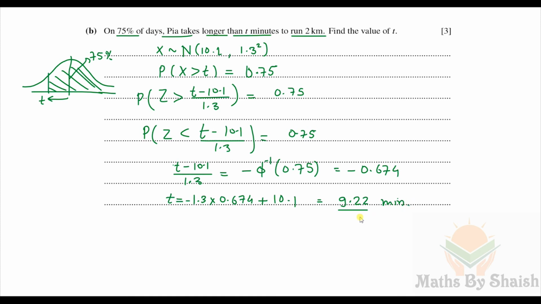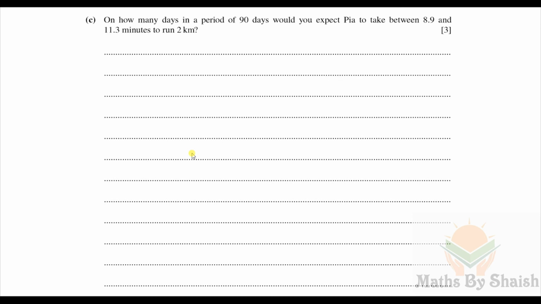Now here's the C part. In a period of 90 days, how many days would you expect Pia to take between 8.9 and 11.3 minutes to run? It means again we are going to do the expectation, and we have the number of days to find.